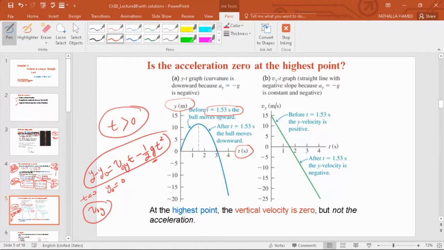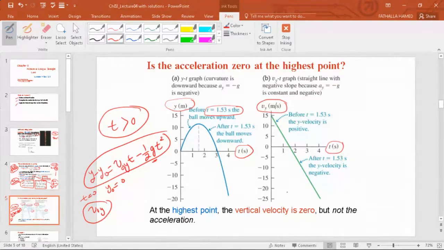Now you can come here and say, I want to look at my velocity-time graph. On the y-axis here, you have your Vy, and the units are meters per second. You have, on the x-axis, time, measured in units of seconds. Your Vy can have positive values and negative values, but the time can only have positive values.